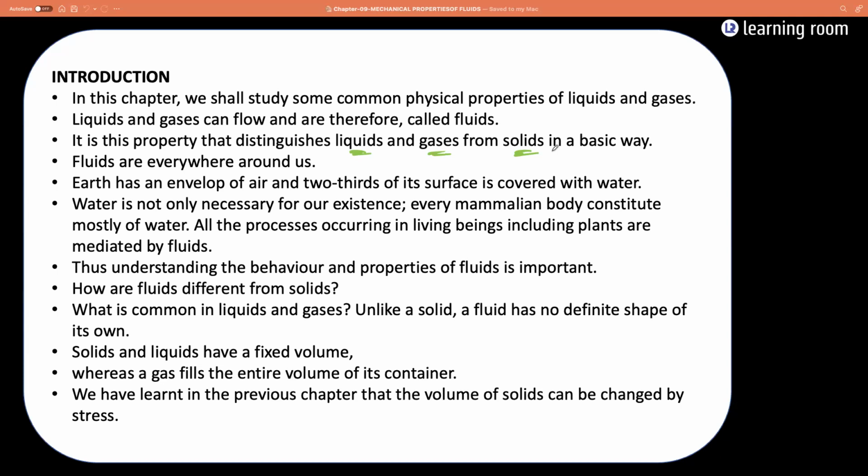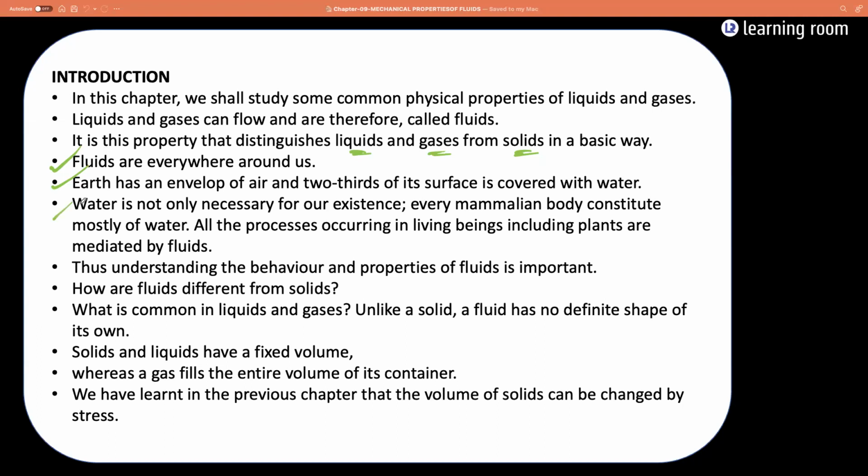They're passing a statement like this: fluids are everywhere around us. What does that mean? Naturally, we have air surrounding us. Earth has an envelope of air, and 2/3 of its surface is covered with water.